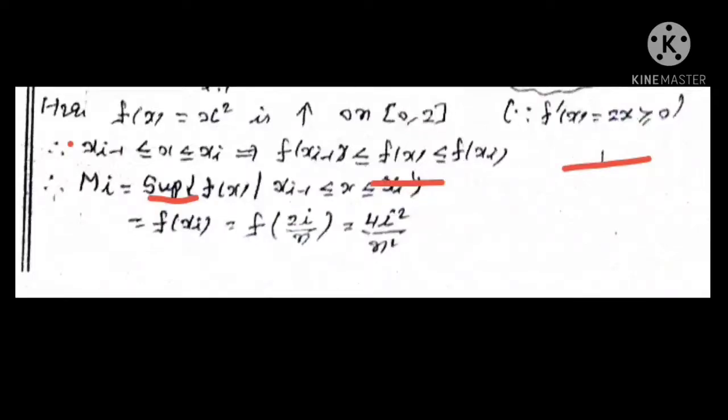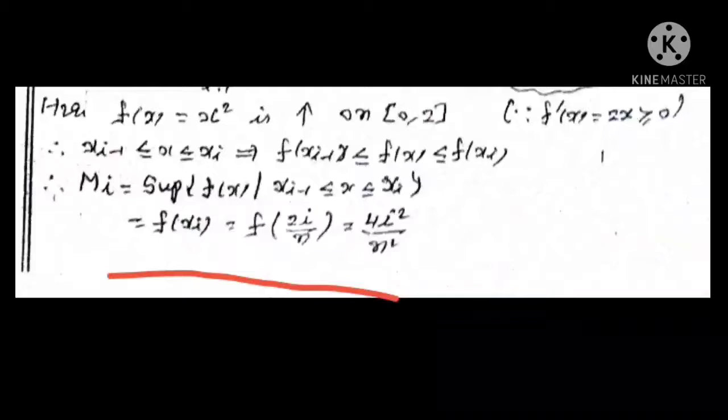Therefore, Mi is equal to supremum of f of x, where xi minus 1 is less than or equal to x less than or equal to xi, is equal to f of xi, is equal to f of 2i upon n.